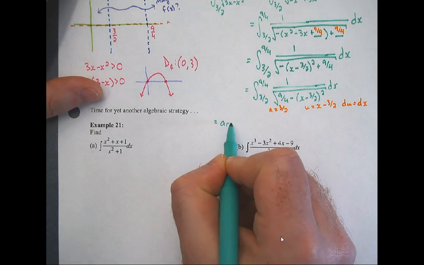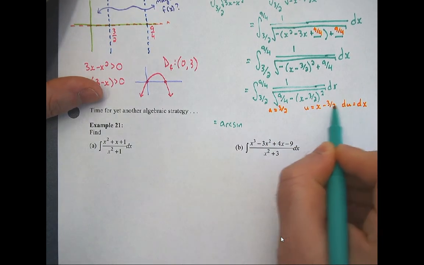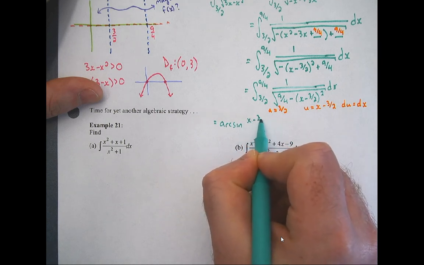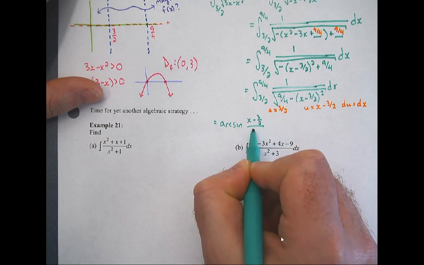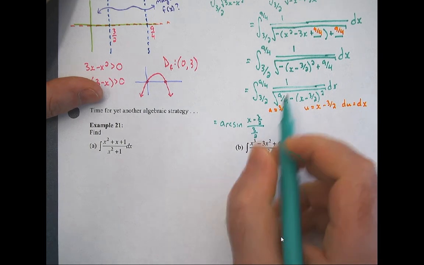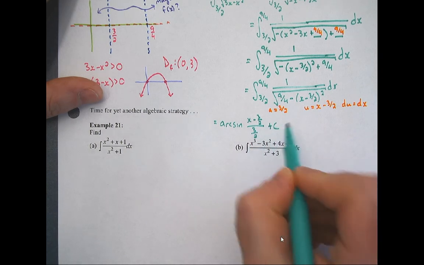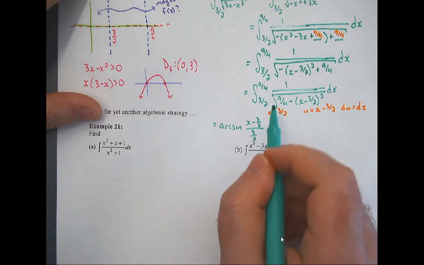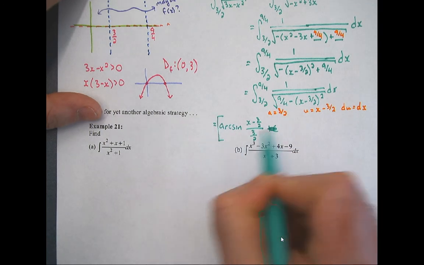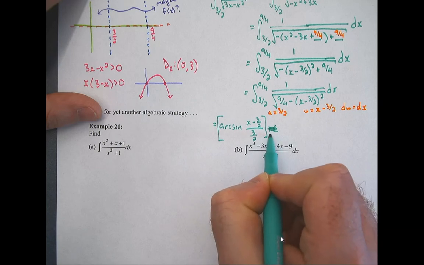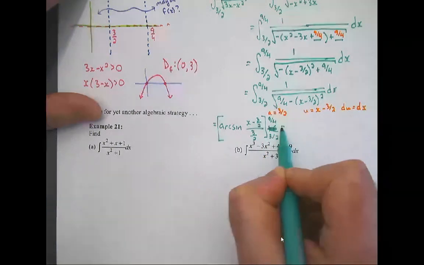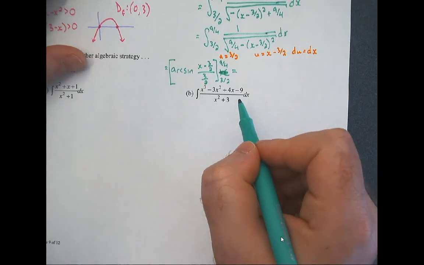Arc sine of u, which is x minus 3/2, over a, which is 3/2, plus c. No, I don't need the plus c because this is a definite integral. So this integral is going from 3/2 until 9/4.